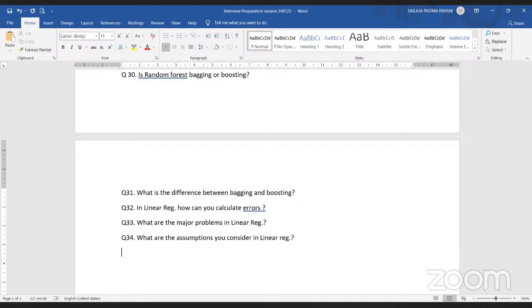Okay, fine. As we are saying, linear regression is very easy to apply for predictions and all.